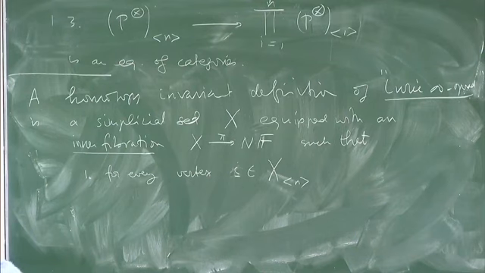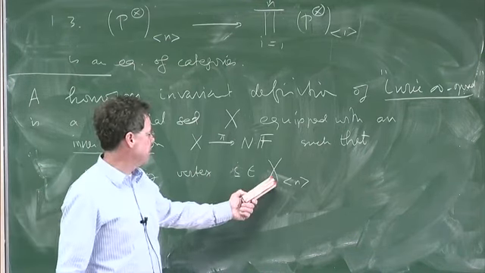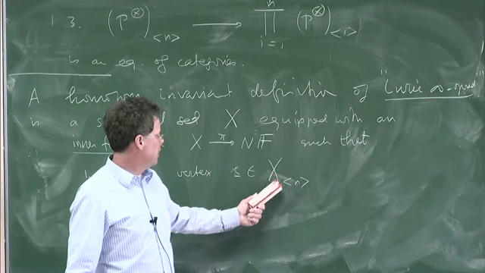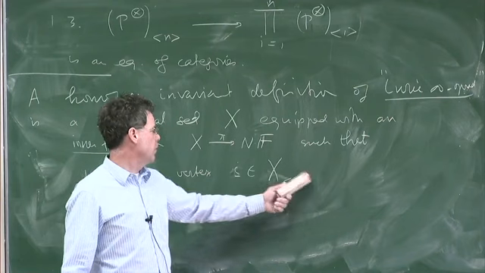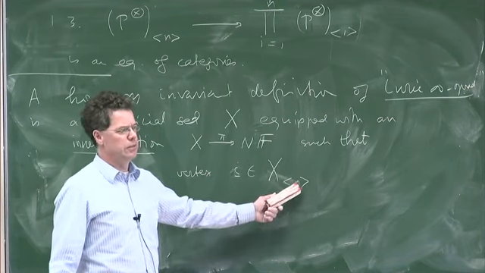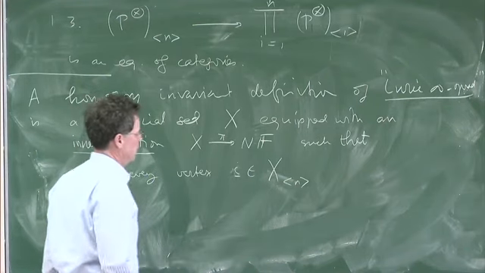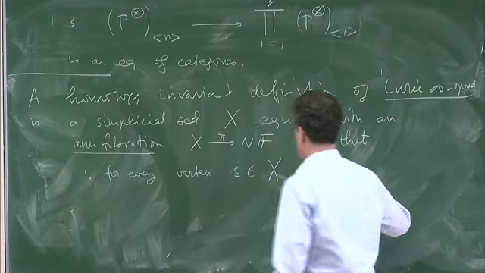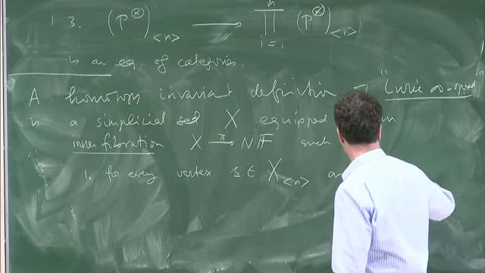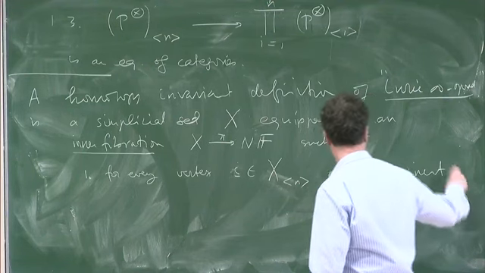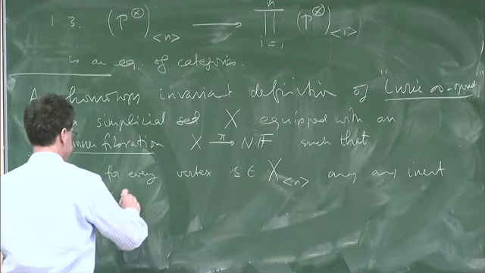Now you have to be careful not to get confused. There actually are two indices, namely the fiber of pi over which it lies and the simplicial degree. So this refers to the nerve of F. Any vertex C there and any inert alpha from n to m.